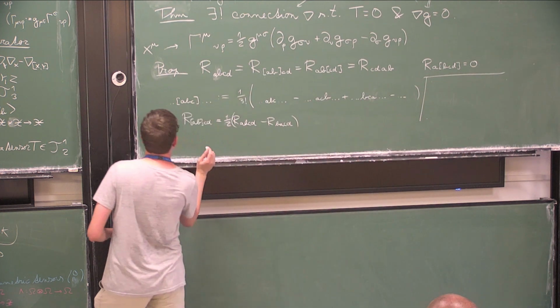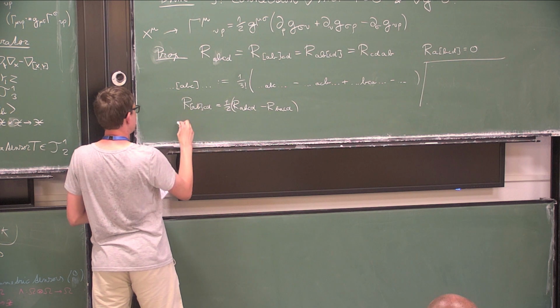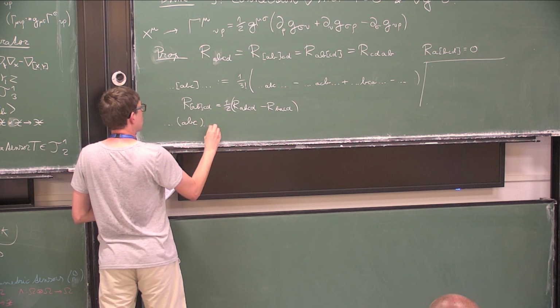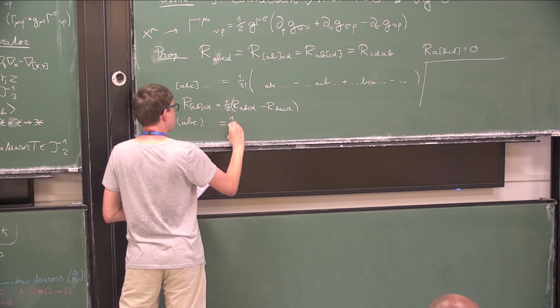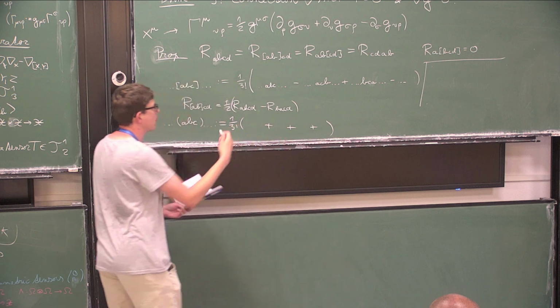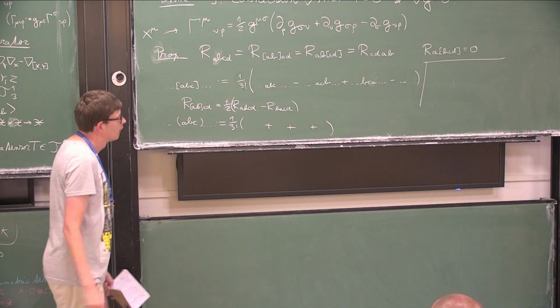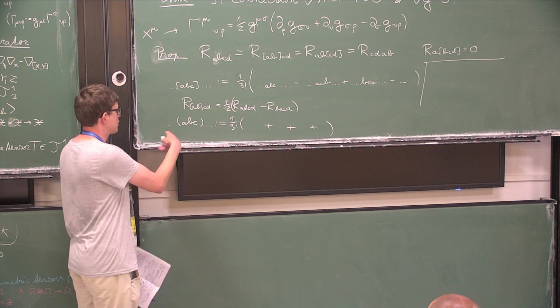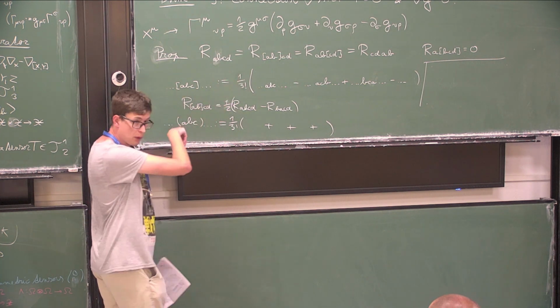By the way, I can do the same thing with round brackets. I define this to be the same thing, but always with a plus, so it is just a sum over permutations without counting the parity.